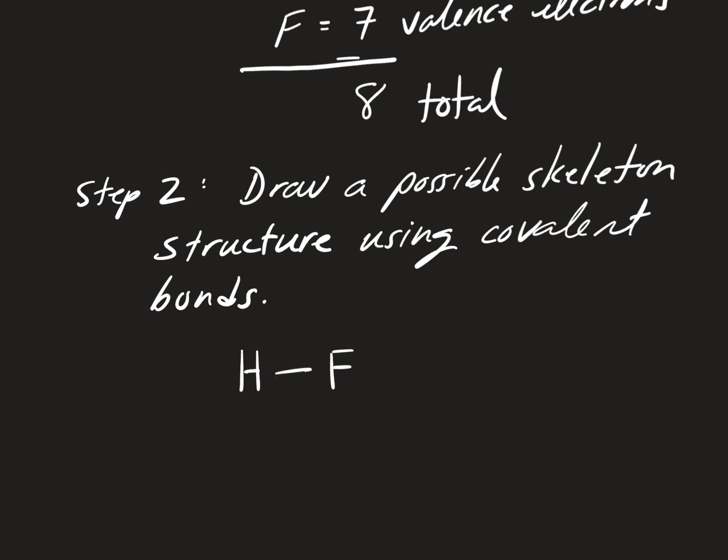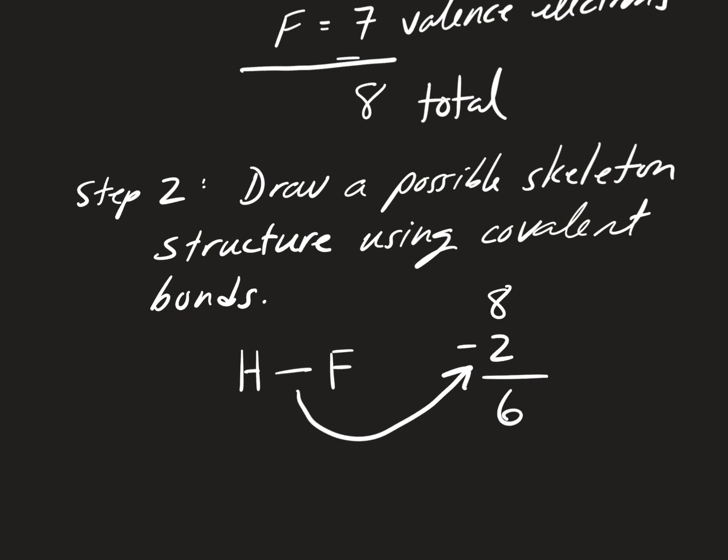And then we're going to see how many electrons are left over. Okay, so out of my bank of 8 total electrons, I used 2 electrons in the covalent bond. That left me with 6 leftover valence electrons.